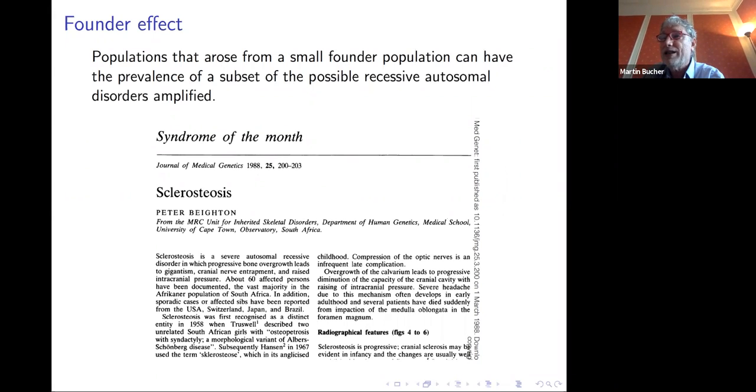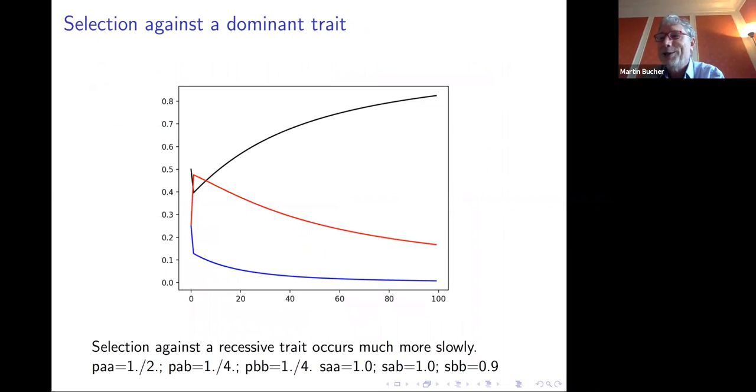And that can also be good, that it'll select, there will be recessive genes that have completely disappeared, but then, because no one from that small population had those rare recessive traits, others will be a lot more prevalent. So this is an article about one of these diseases.